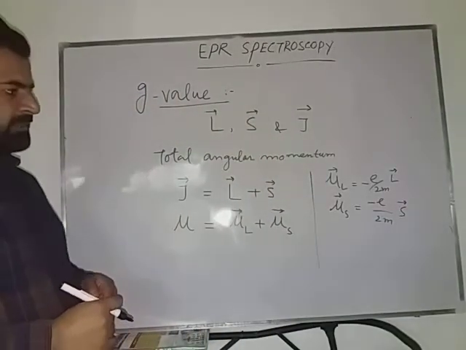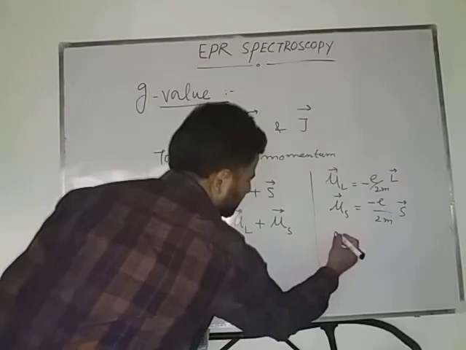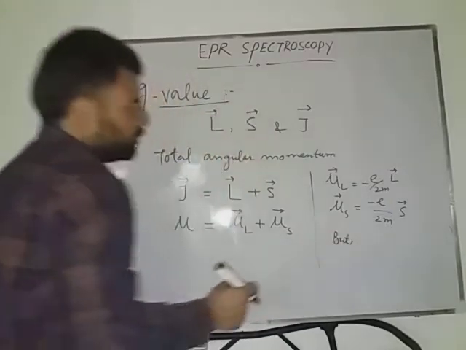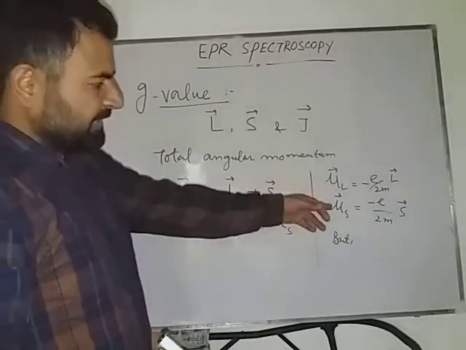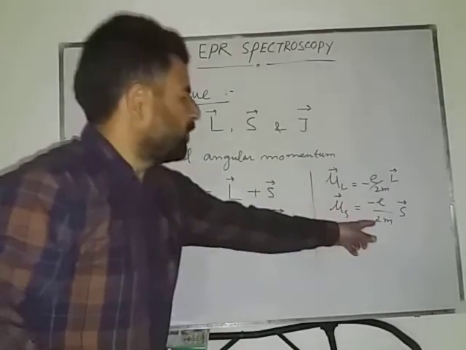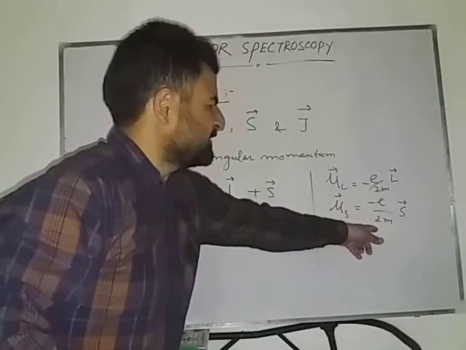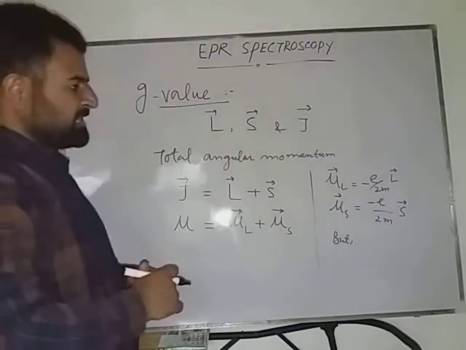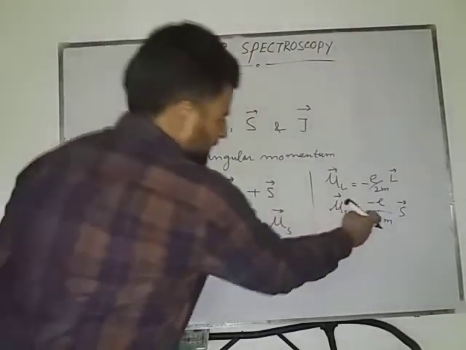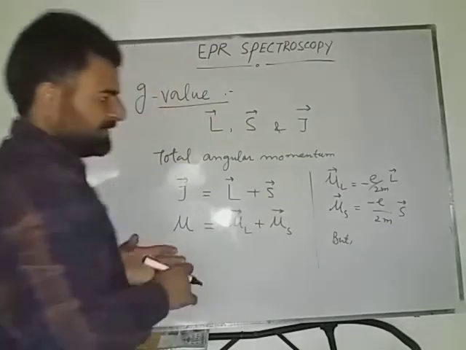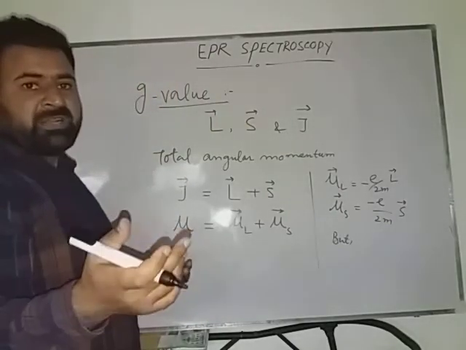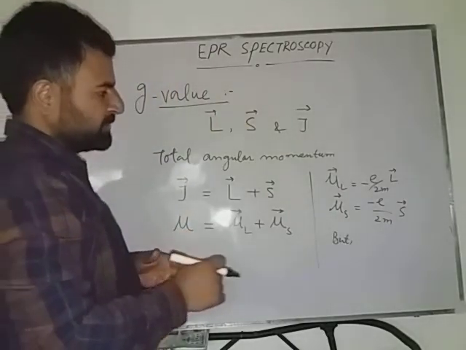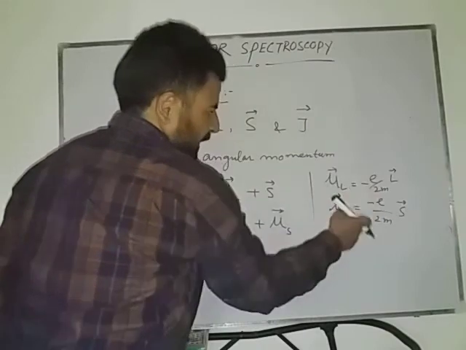But I told you that the value of minus E by 2m S does not actually satisfy the experimental values, so it is multiplied by some factor, and for a free electron that factor is around 2.